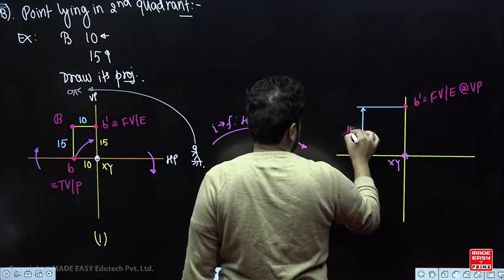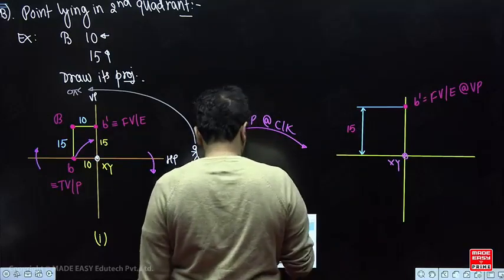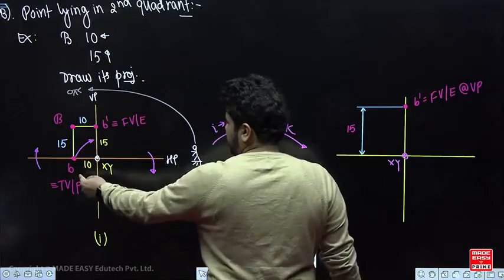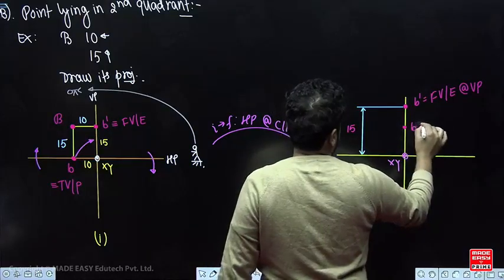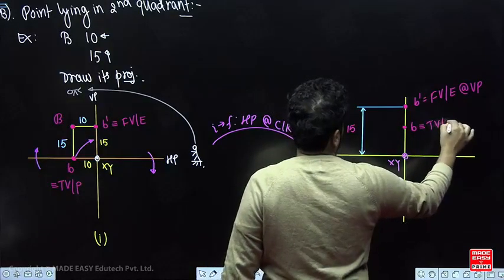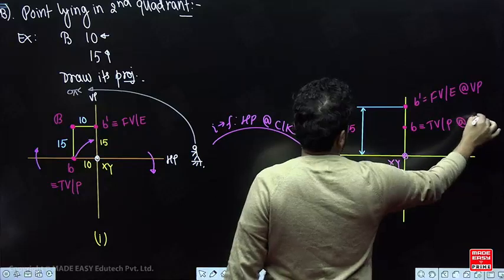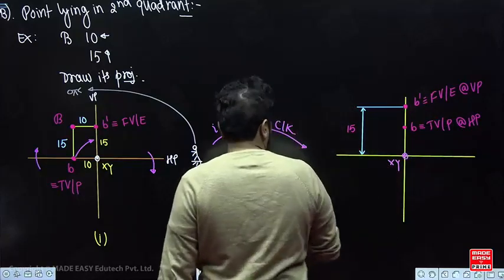So this height is how much? 15. Correct. Next point is your B. Where it is? So let us say this is B, which is your top view or plan, where you will get at HP. How much height?